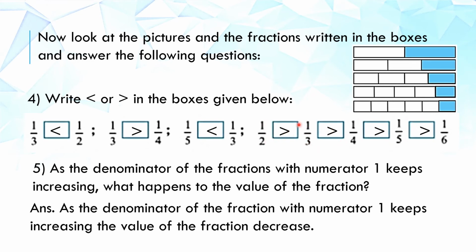Same way 1 upon 3 is greater than 1 upon 4. Same way 1 upon 4 is greater than 1 upon 5. And 1 upon 5 is greater than 1 upon 6. It means that as the denominator of the fraction with numerator 1 keeps increasing, the value of the fraction decreases.